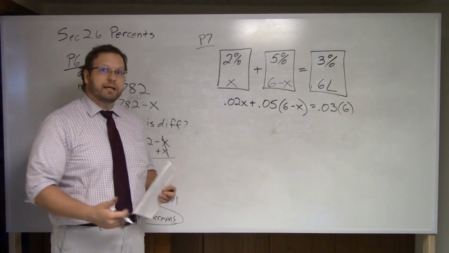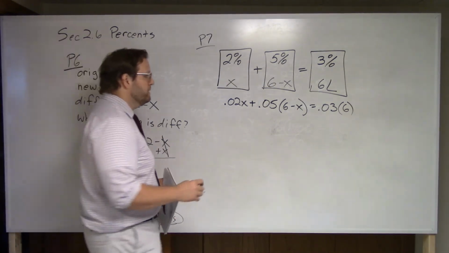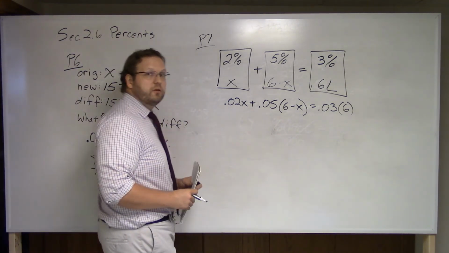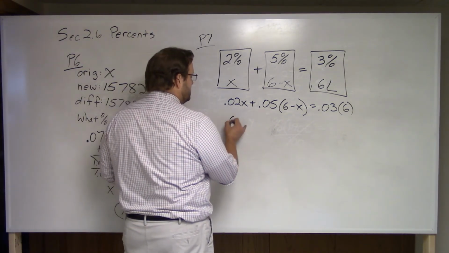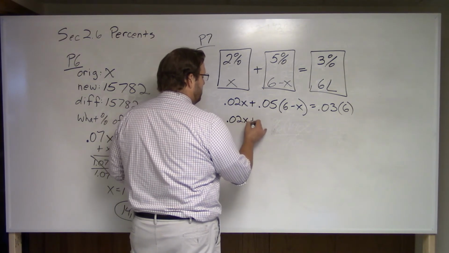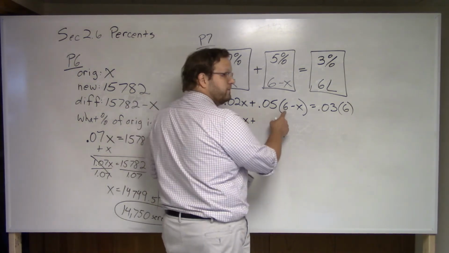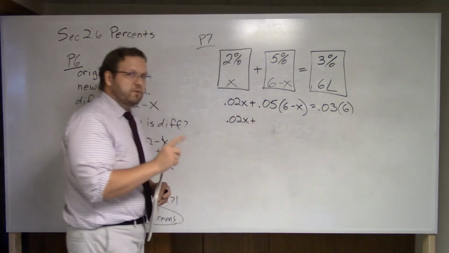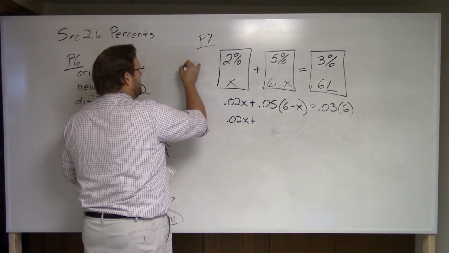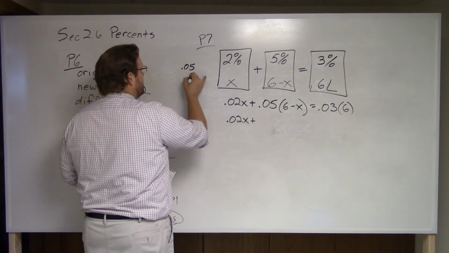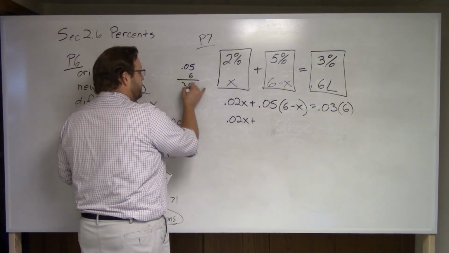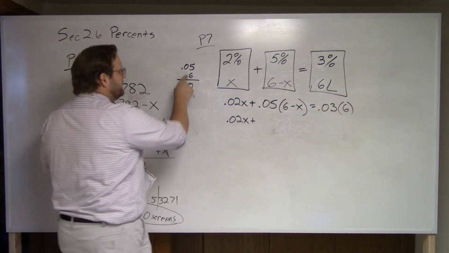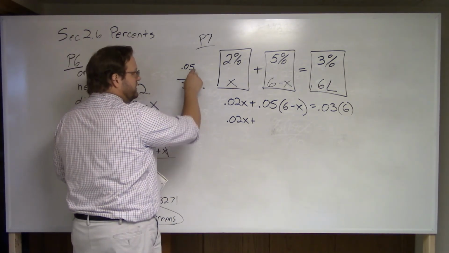Now I have to work that out and solve the equation. So when I do that, be careful with your decimals. I've got 0.02x plus 0.05 times 6. Be careful with this, because if I have 0.05 times 6, I get a 30 from 6 times 5. But there's 2 decimal places within this.